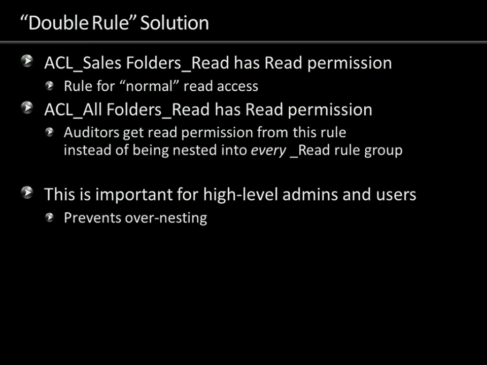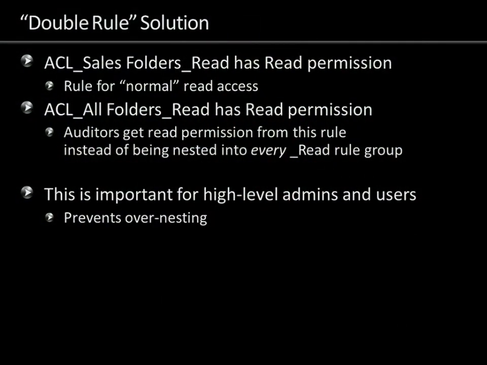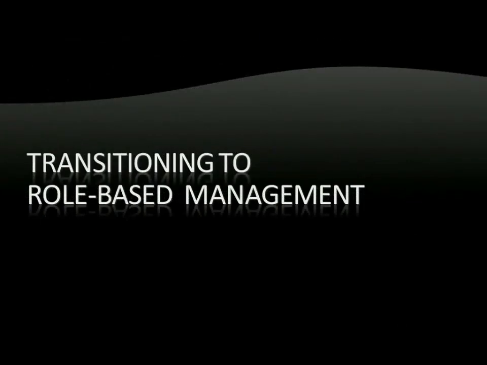And on the sales folder, you'll have 2 read permissions. One read permission to the sales folders read group, one read permission to the all folders read group. And you as a high-level user are in the all folders read group, which is one group that has read to a lot of places. That's what I call double ruling, or setting a policy that ends up with several permissions.